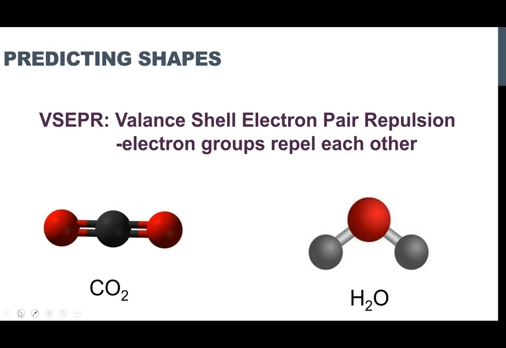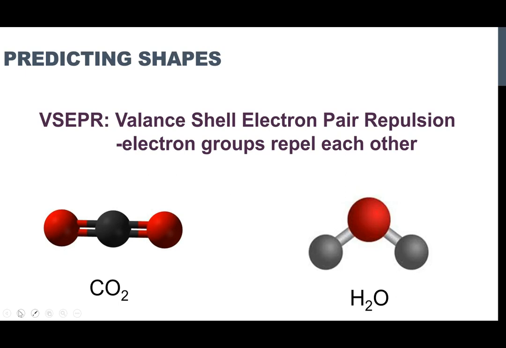So remember that we're dealing with the electrons that are in the valence shell. Those are the only ones available for bonding, so the only ones available to be shared. Electron pair. So we're talking about pairs of electrons, lone pairs, bonding pairs. And this last part, electron pair repulsion.